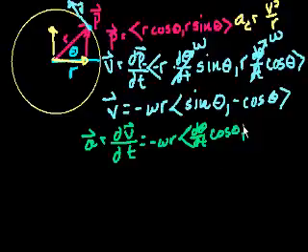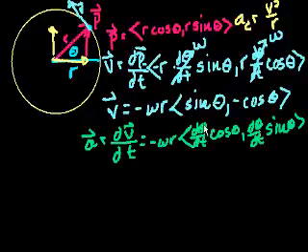And then on the y side, what's the derivative of theta with respect to time? Well, that's just going to be omega. And then what's the derivative of minus cosine theta with respect to theta? Well, that's sine theta. And once again, this is w, and this is w.